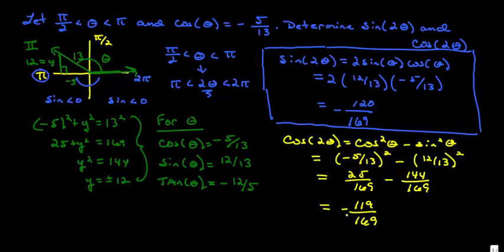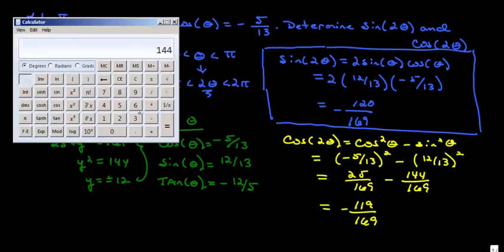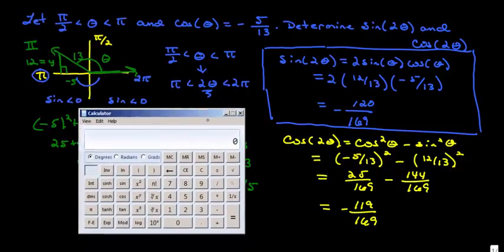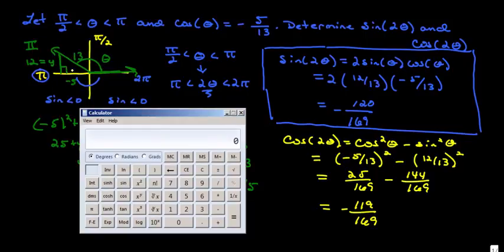So let's see if we can actually figure out what this angle is. If we ask the calculator to tell us what angle theta is, we could use what's called the arc cosine, or the inverse cosine. Oh, there we go. Just push the inverse button.